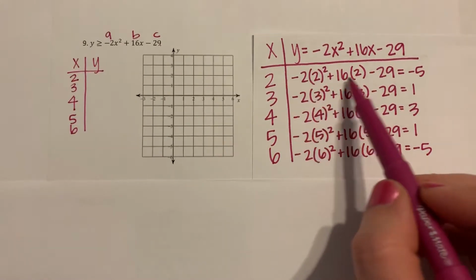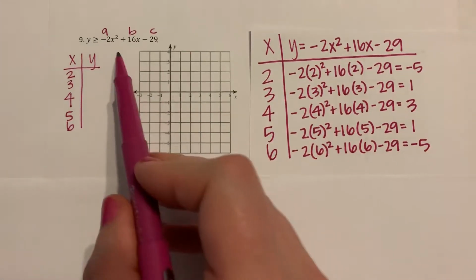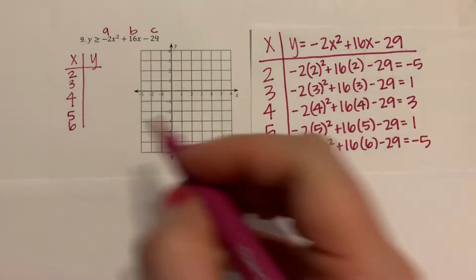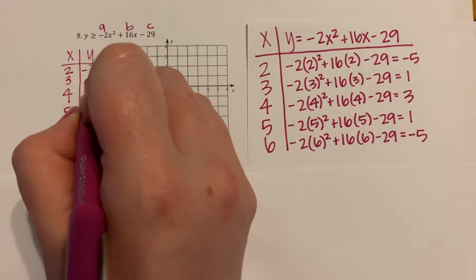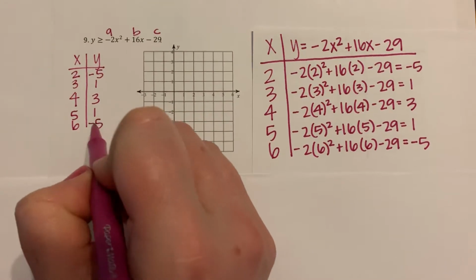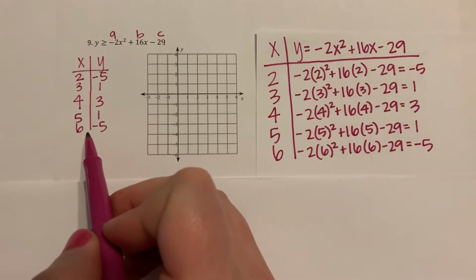Again, I just plugged these into my equation that I got from here. You can plug this whole thing right in the calculator and it gives you these numbers. So this is negative 5, 1, 3, 1, and negative 5. Okay, these are your coordinates that you're graphing.